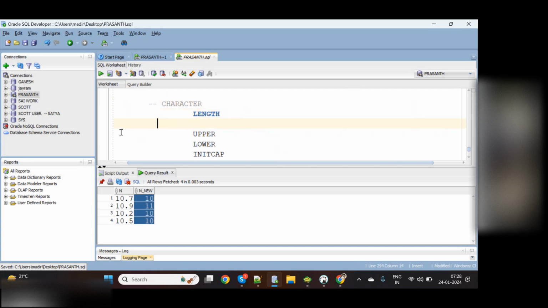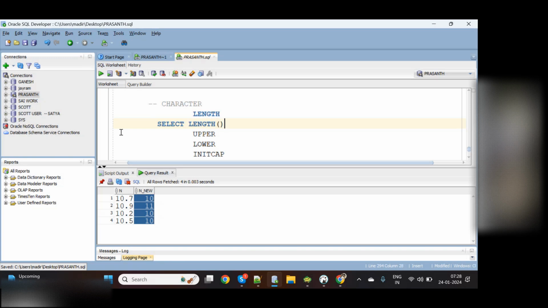So now we see the length function. The name itself says it will find the length of a given string. It can be numerical or alphanumerical, anything.